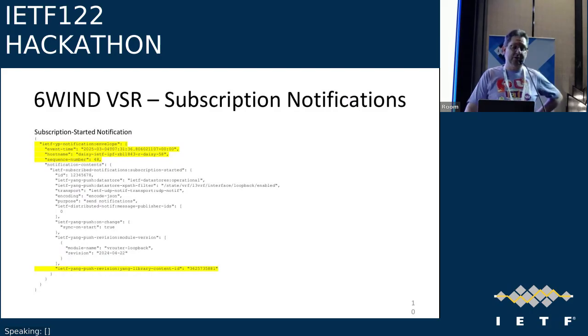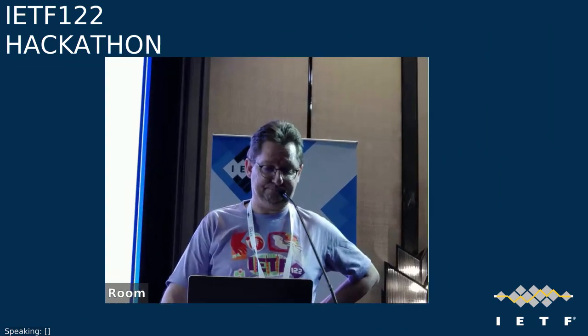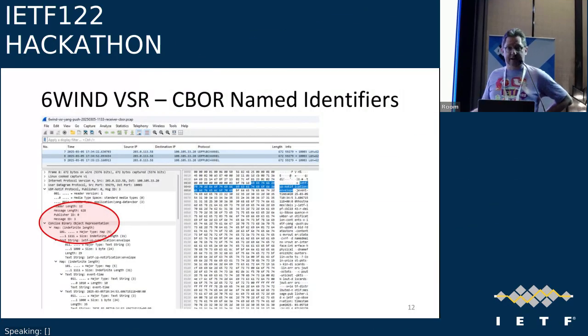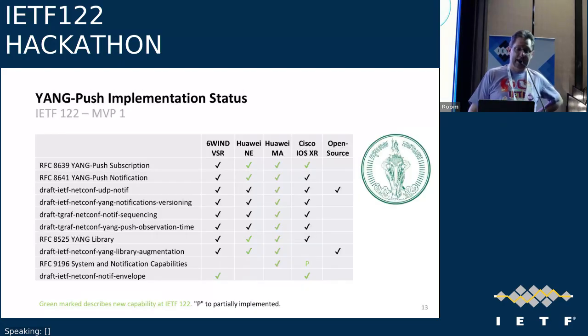Some other implementation on virtual PE nodes on the 6WIND side with the notif envelope. And the first time, we now have not only JSON encoding, we also have CBOR encoding with named identifiers. This is how it looks in Wireshark. And this is the summary of results from the four implementations which we validated towards these documents.